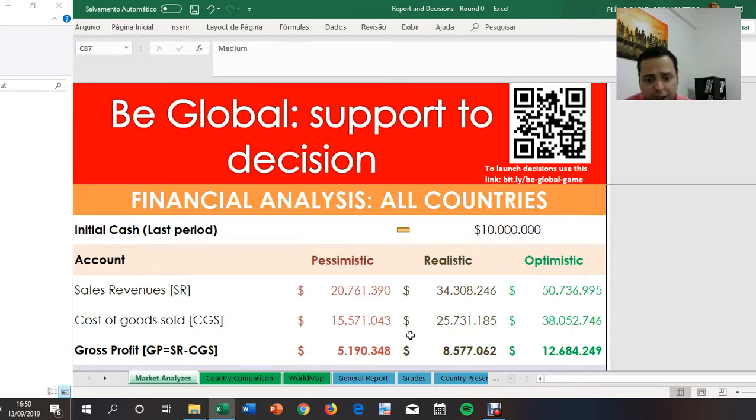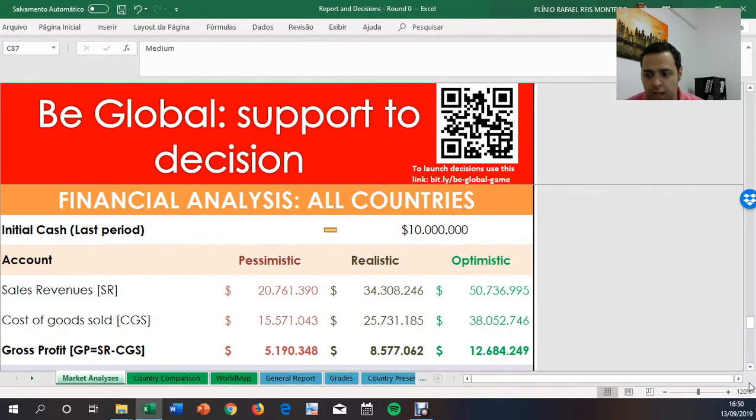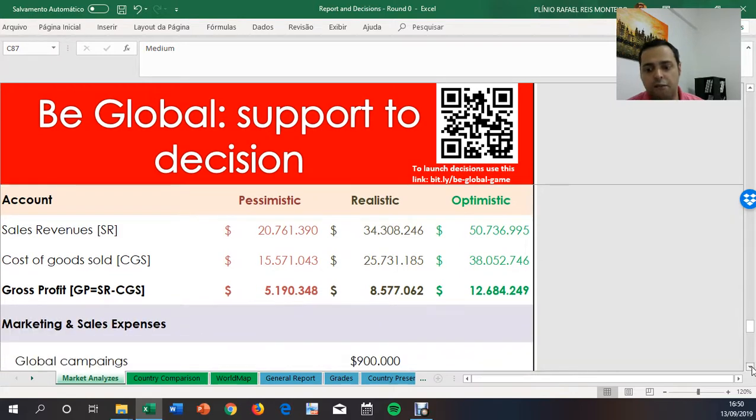I expect to have this revenue here, but I will also have to pay my partners, the drivers in the country. So this means that basically I will end the first year with $5 million to $12 million, depending on the scenario. This is the revenue of my company.